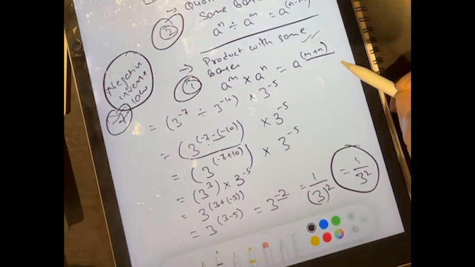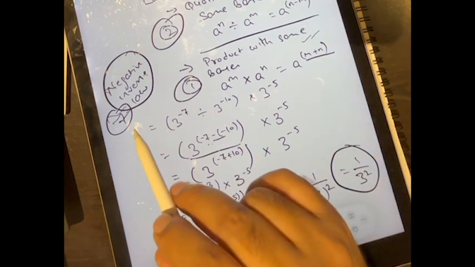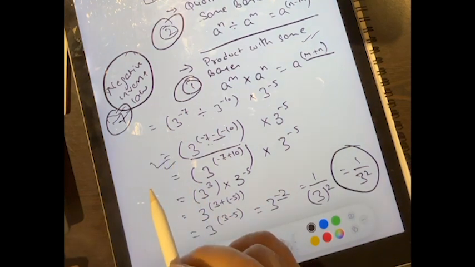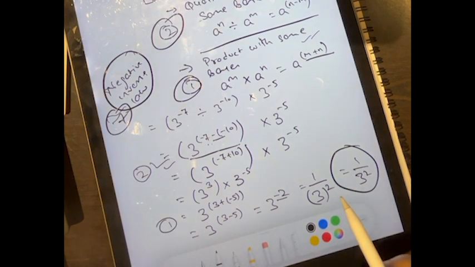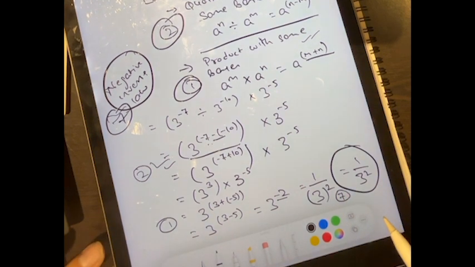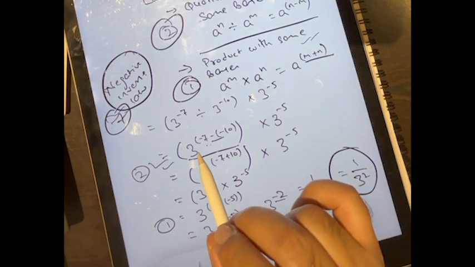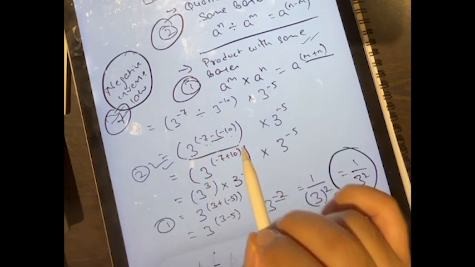So we have applied 3 different laws over here: quotient with the same basis, product with the same basis, and negative inverse law. The first one we applied was law number 2, then law number 1, and finally law number 7. Here we have said n minus m.